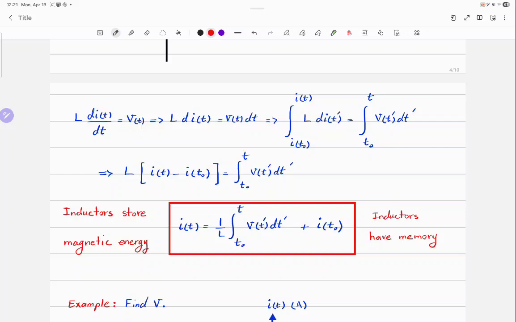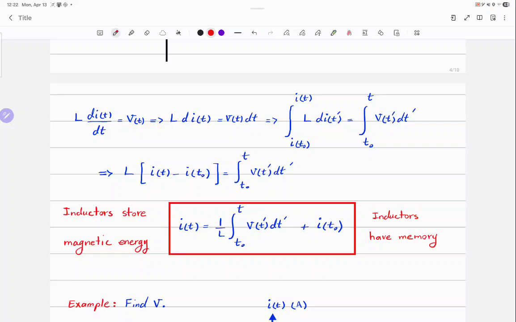Pay attention to the formula, that's very important. That gives you the current of an inductor when the voltage is given to you, with one extra piece of information, and that is your initial current. This is actually the foundation that shows you that inductors have memory, or inductors can store magnetic energy.